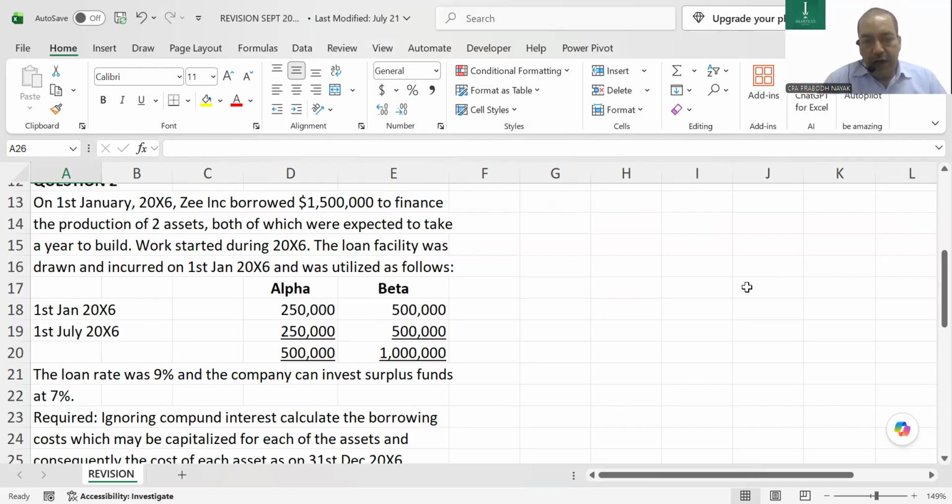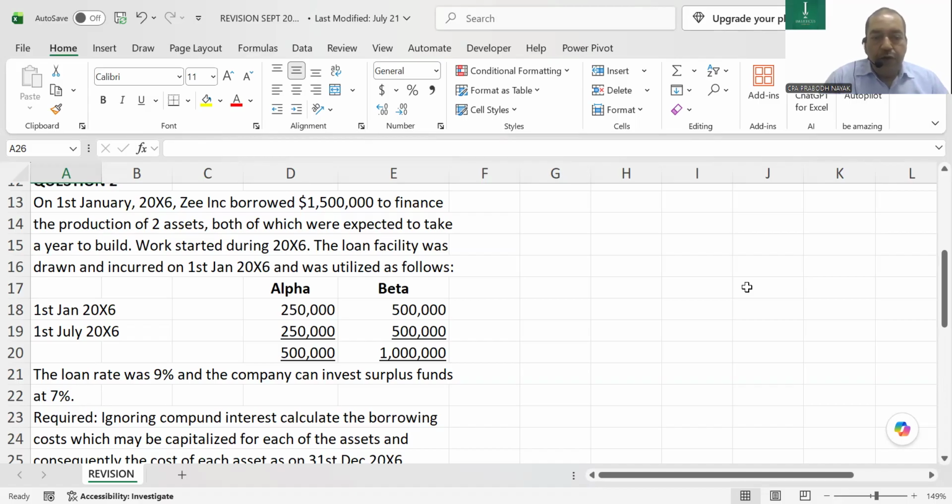Work started during 2086. The loan facility was drawn on 1st January 2086 and was utilized as follows. On 1st January 2086, for alpha $250,000, for beta $500,000, and on 1st July, $250,000 for alpha and $500,000 for beta. The total amount is $500,000 for alpha and $1 million for beta.